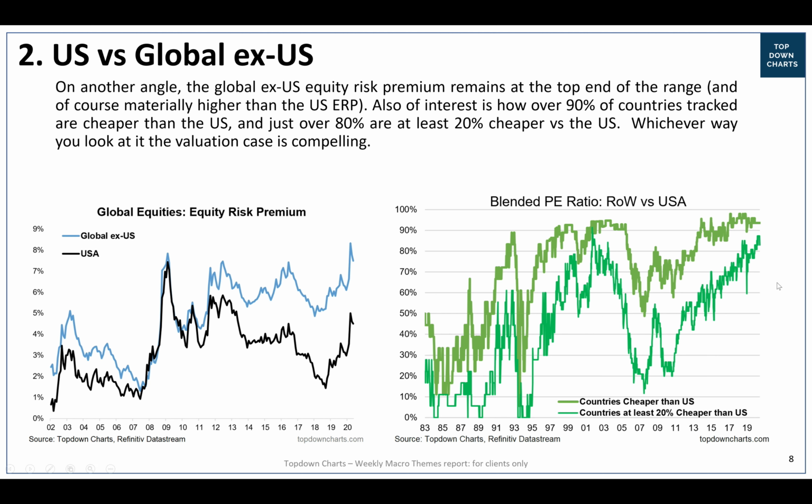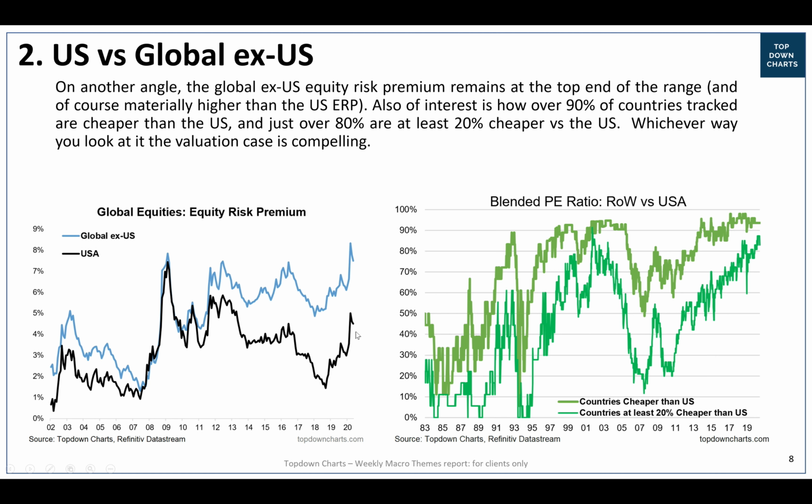But anyway, the key point here is that global ex-US has come down from March, but the equity risk premium is still very much elevated versus history. It has actually come down a little bit more since then, but it's still pretty much on par with the top end of the range of the past decade. US is not bad by any means, but it's certainly a lot lower than global ex-US.